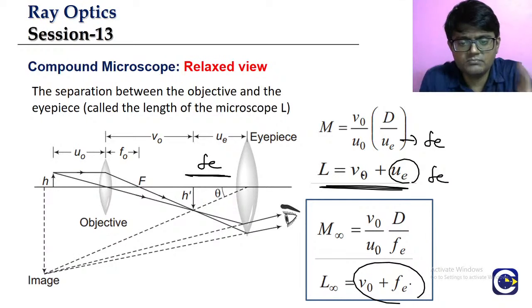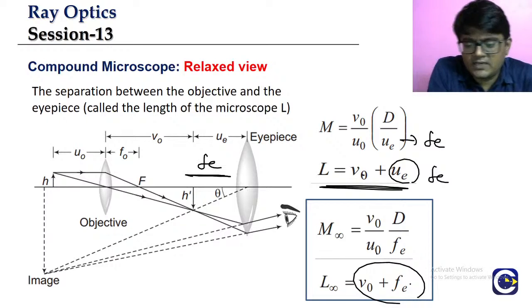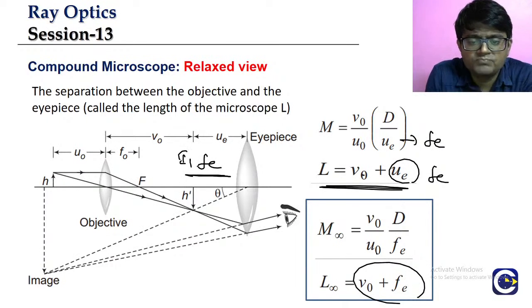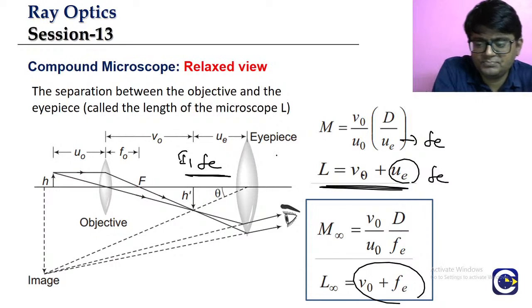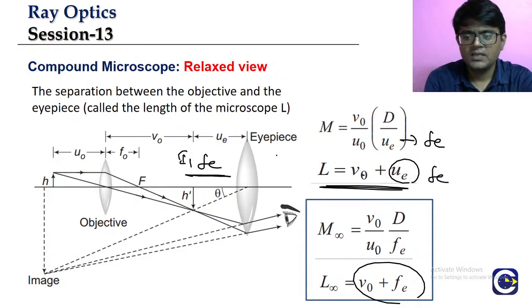Because the final image has to be formed at infinity, the image I1 coming just after the objective should be exactly at the focal point of the eyepiece. That's when you will get the final image at infinity. Accordingly the formulas will change. This is the relaxed view.